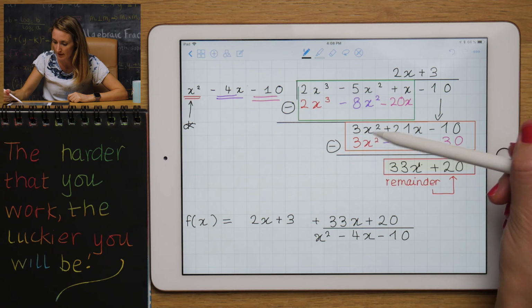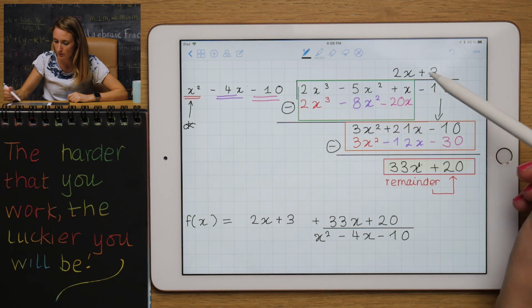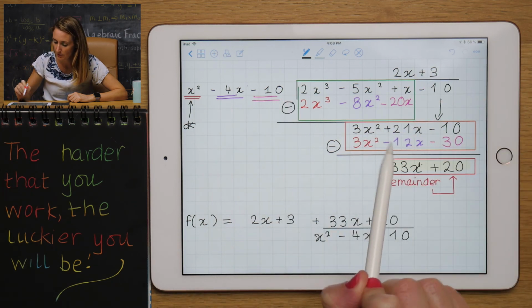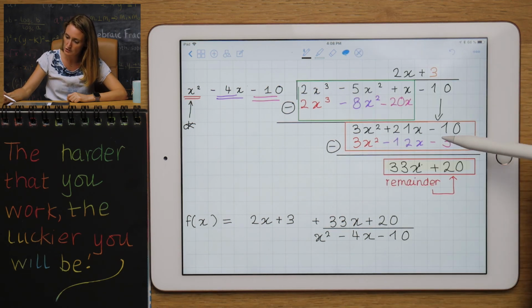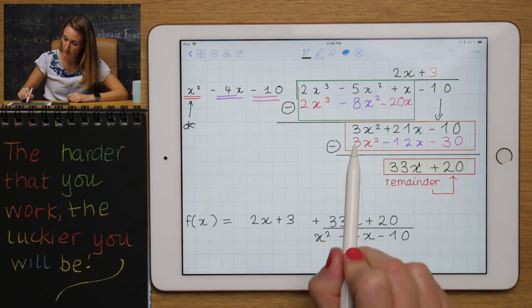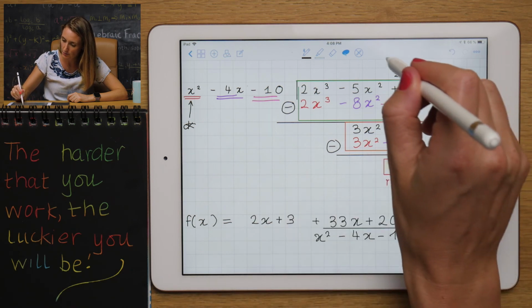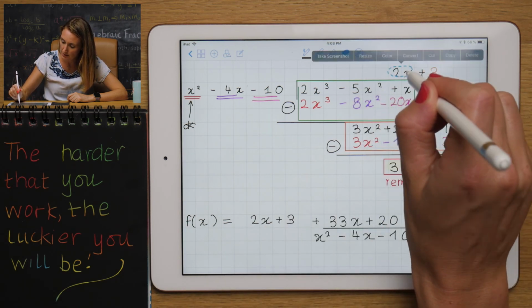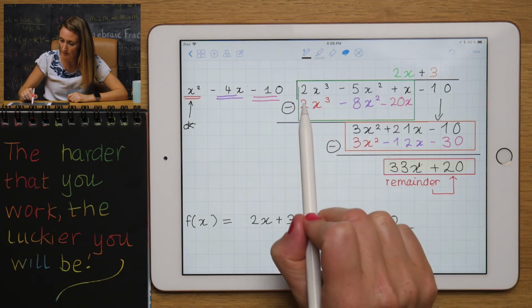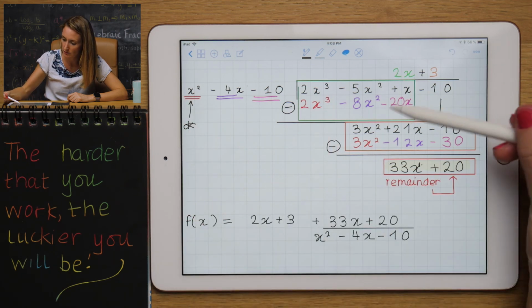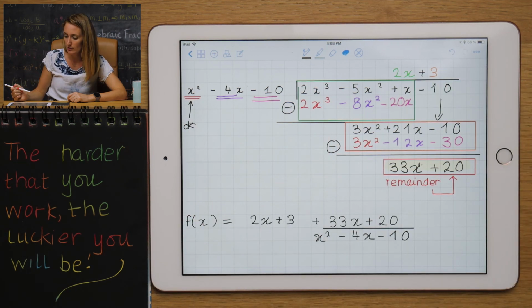So here when we got this answer, 3, we multiplied each of them by the 3. So this matches the orange box, that's where we got the 3 from, the 3x squared divided by x squared, and where we got the 2x from is when we did the 2x cubed divided by x squared. So you can see that now they're color-coded to match.